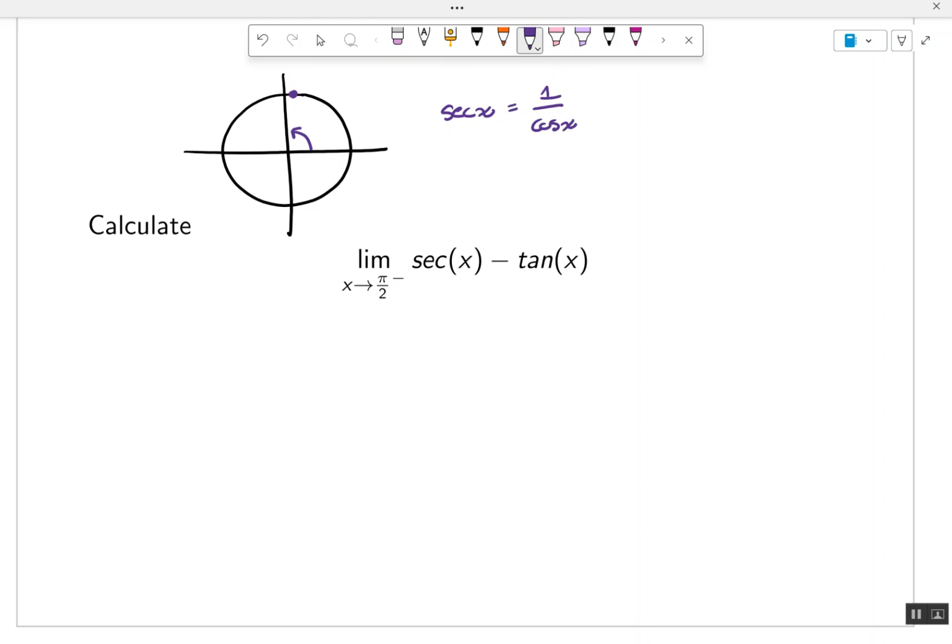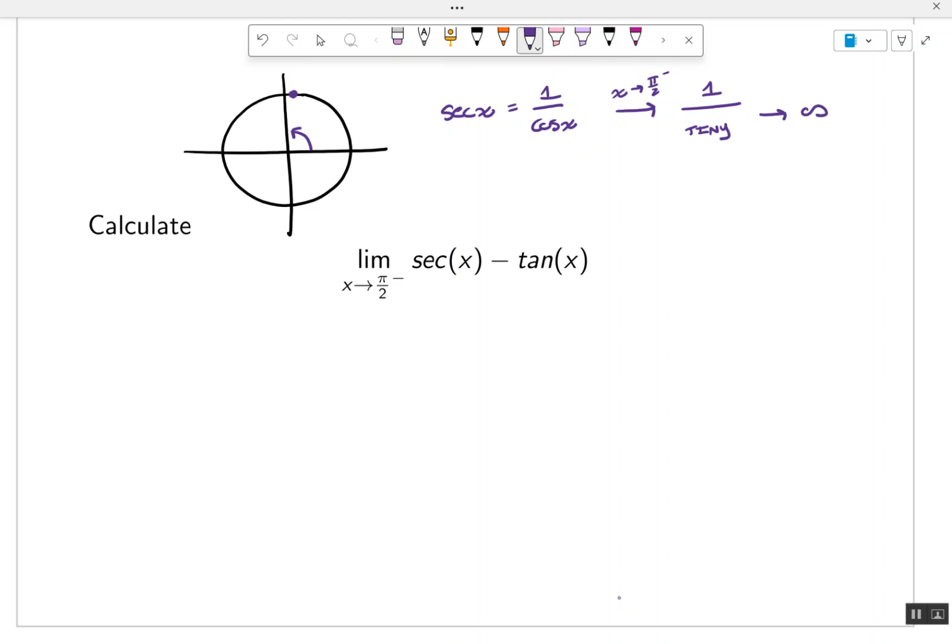So cosine of pi halves is 0, but as I'm getting closer and closer to pi halves, the cosine is getting smaller and smaller. And since the cosine is getting smaller and smaller, as x approaches pi halves from the left, we get 1 over tiny, which is going to approach infinity.